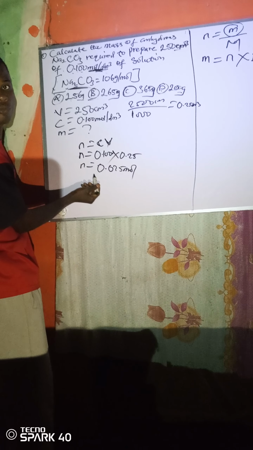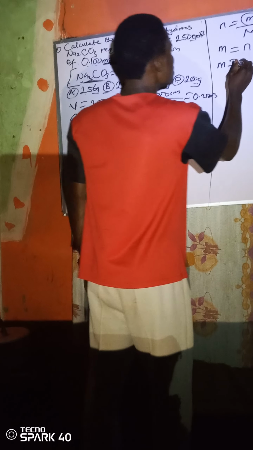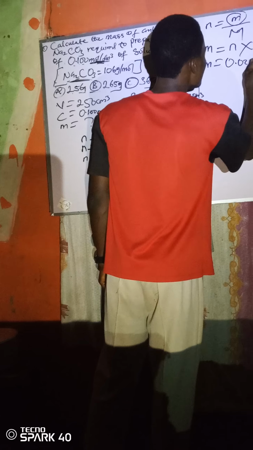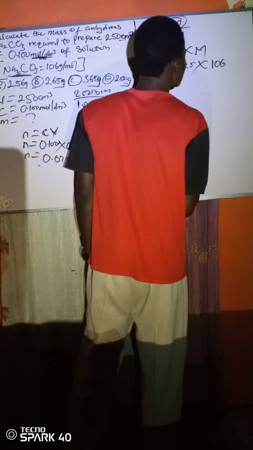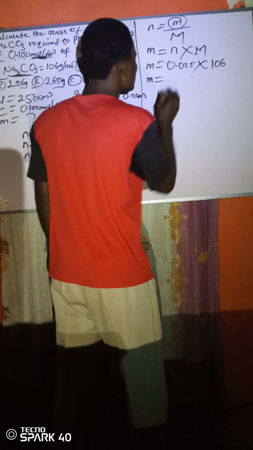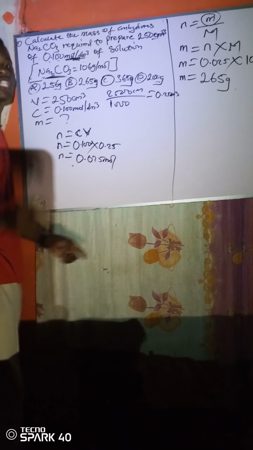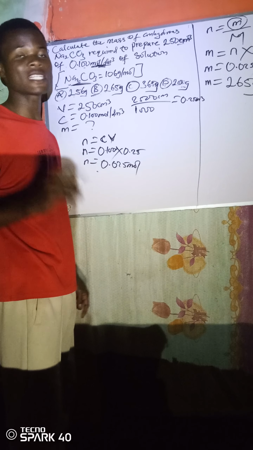Now, the number of moles is known, which means m is equal to 0.025 times 106, which means m is equal to 2.65 gram. This is the correct answer. So this question will not take more than 2 minutes to solve in the exam.